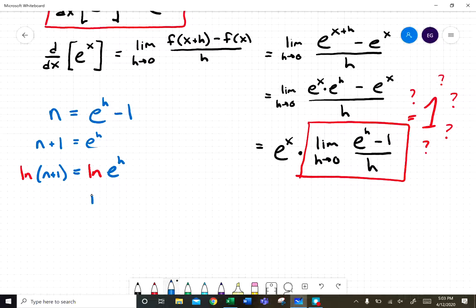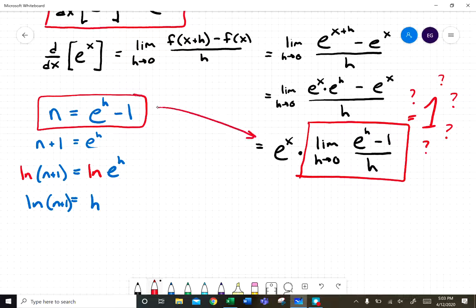Well, that gives us an h on the right and an ln of n plus 1. So we could plug this in for the numerator. We could plug in this for the denominator.